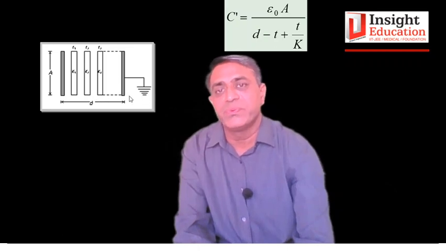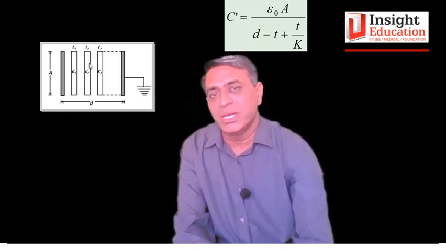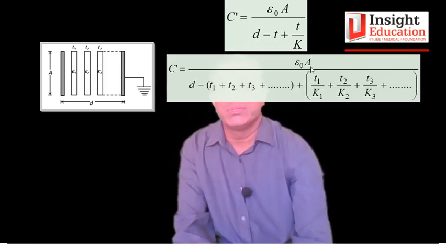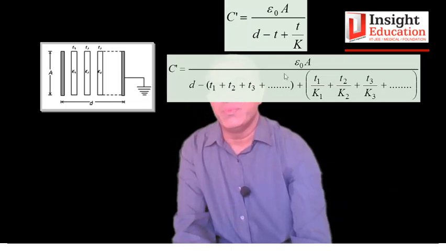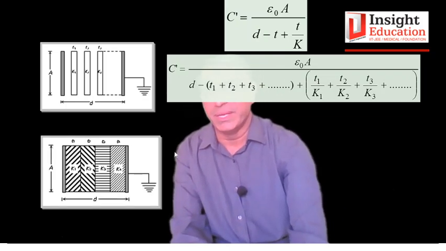And for t by k, you can use T1 by K1, T2 by K2, T3 by K3. So the final equation will be epsilon 0 A upon d minus (T1 plus T2 plus T3) plus T1 by K1, T2 by K2, and so on. This part is for the dielectric materials and the other is for free space. So easily now you can remember it, even from the basic fundamentals.